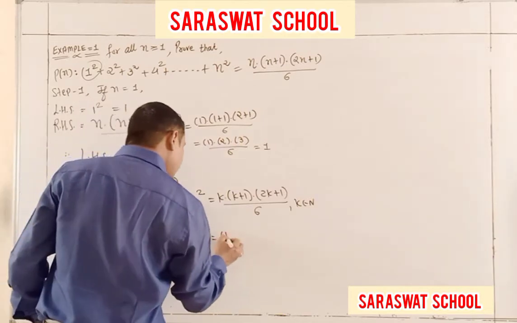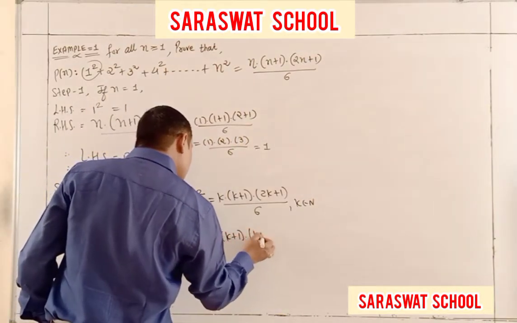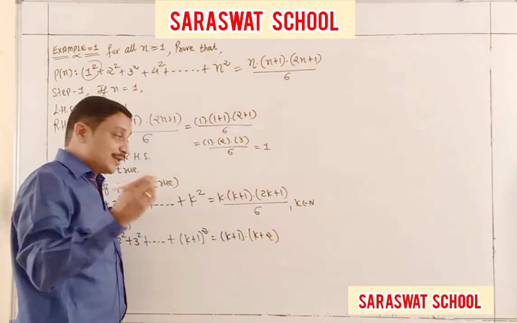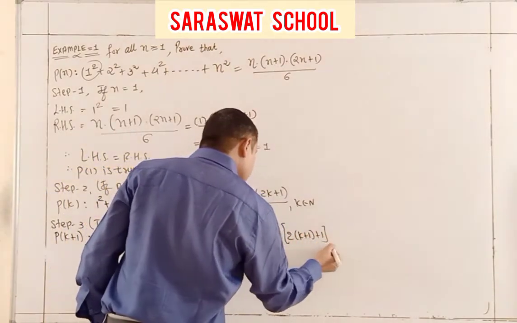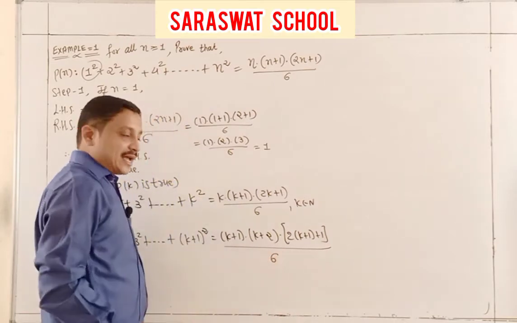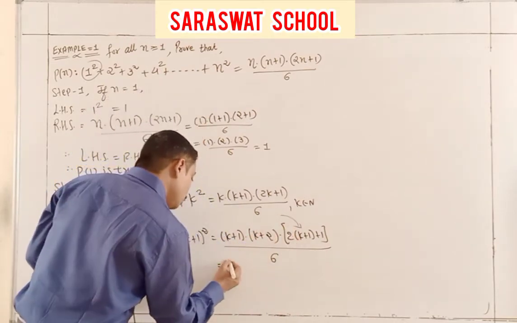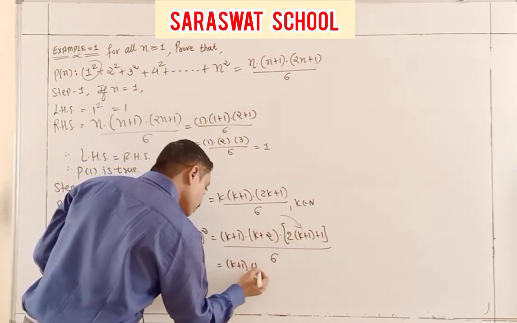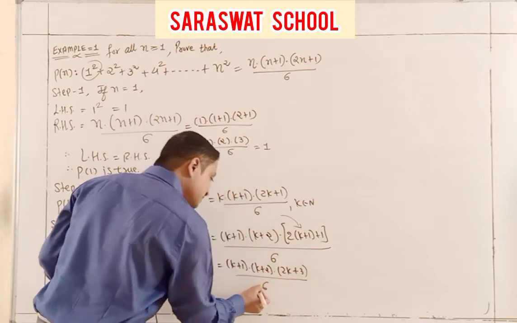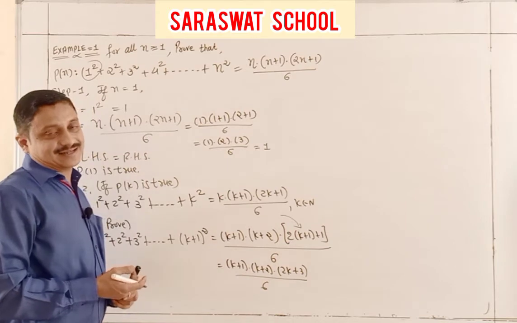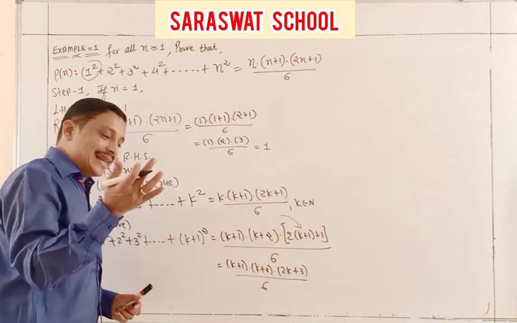So here the values are k plus 1, k plus 2, 2 into k plus 1 plus 1, by 6. Indirectly, you can get the value as 2k plus 3 by 6. That's my target.